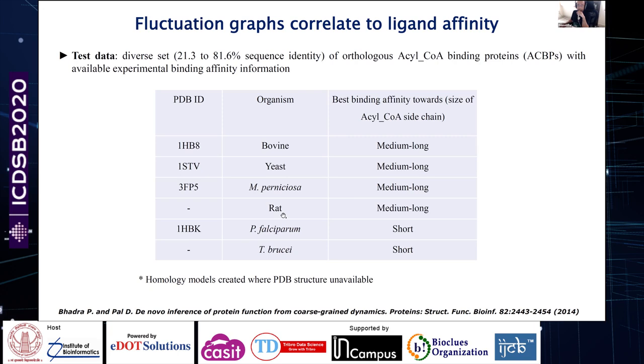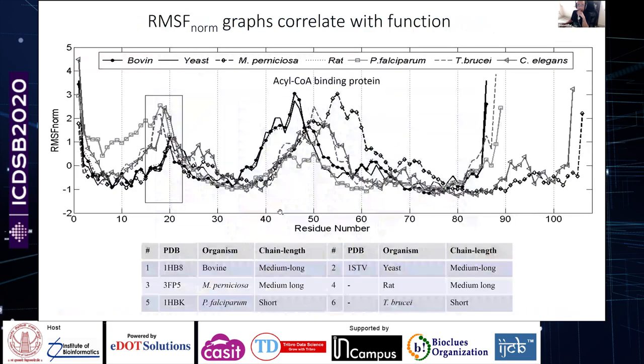Now, an advantage of using coarse-grained dynamic simulation is that you don't need to do any sidechain modeling for the protein. So it becomes very easy. If you have the template, it's just replacing the amino acid names, keeping the C alpha atoms, and then joining them. If you look at this next graph, after we did the simulation for 1 microsecond for each of the proteins in the test set, the box here is the place where the binding of the acyl-CoA happens.